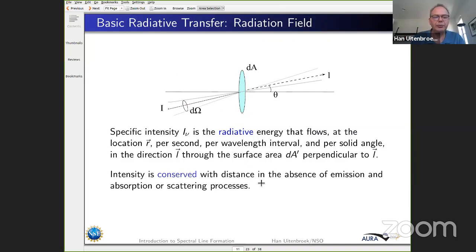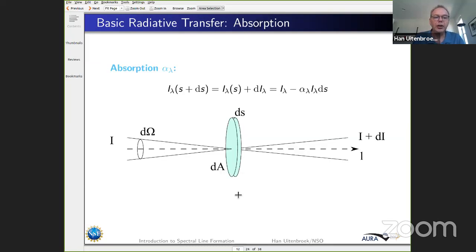Intensity is conserved with distance. Intensity coming from the sun does not change between the solar atmosphere and the Earth atmosphere. Of course, in the Earth atmosphere, there's absorption and emission, and the intensity changes. But in the absence of any of these processes like emission, absorption, and scattering, intensity is a conserved quantity. It does change when there's absorption.